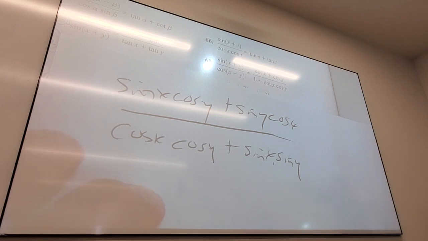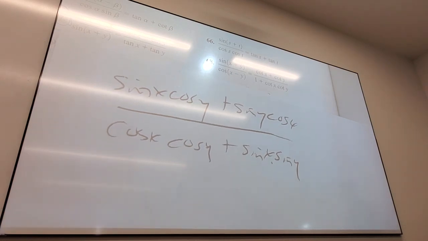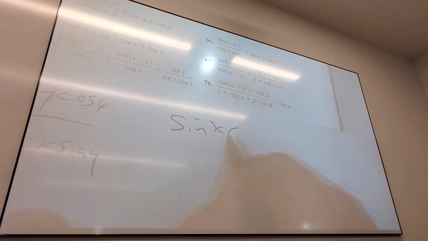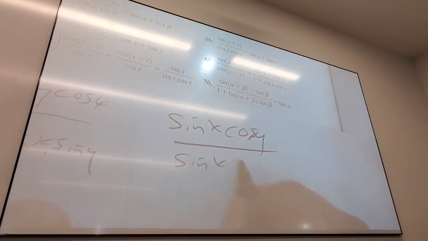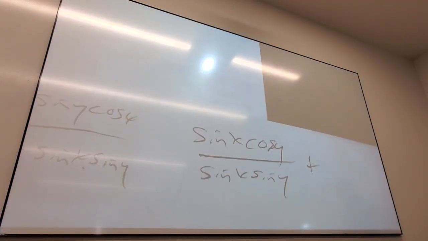I have to be, because there's a 1 in the bottom on the other side. So if I divide every term, this gets a little messy, but I know I'm going the right track. If I divide every term by sine x, sine y, we're just going to write this big fraction, right?